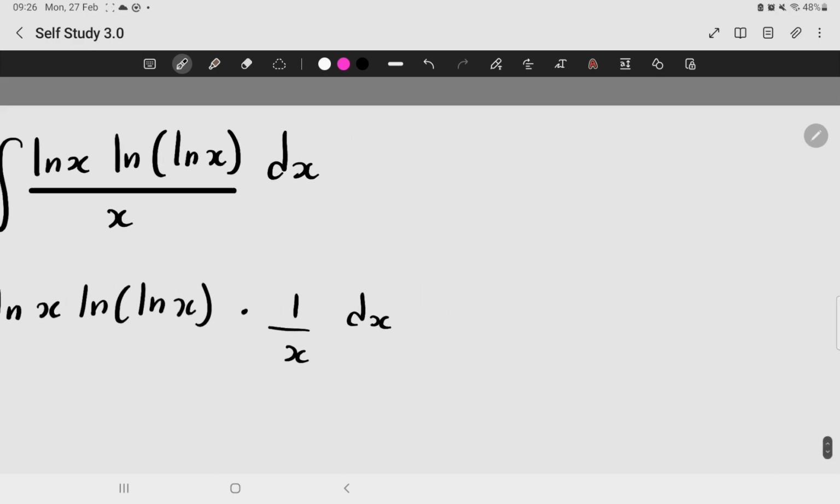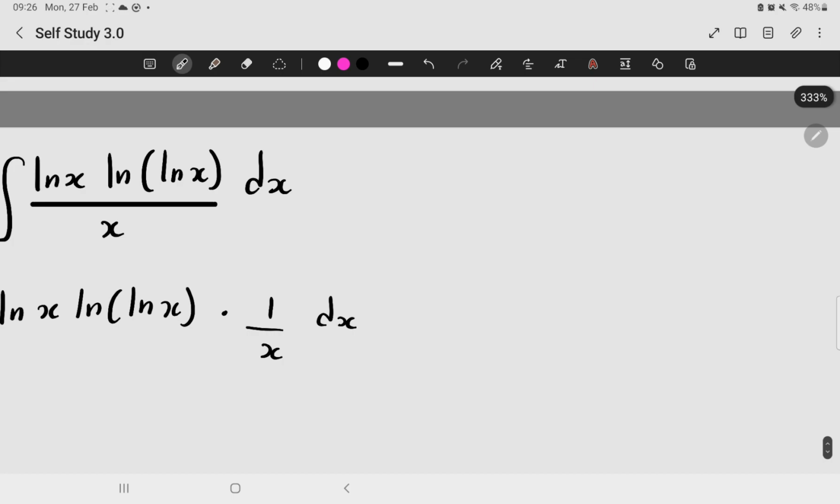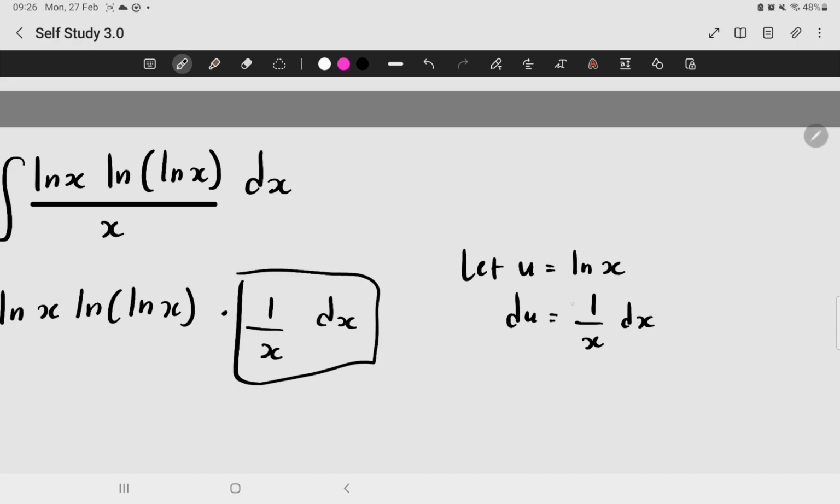So let me write down my right side here. So let u is equal to ln of x, and when we differentiate this, you obtain du is equal to 1 over x dx. And you could see that it's similar to our integral on our left hand side, this one and this one, which means we could perform the u substitution very well.